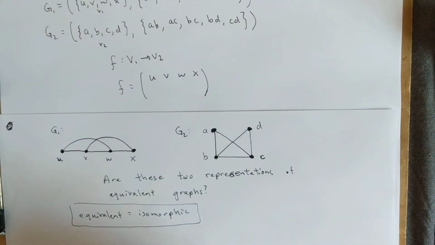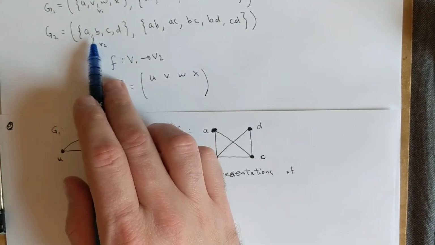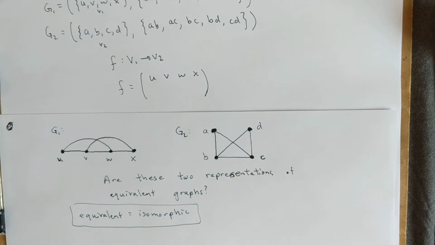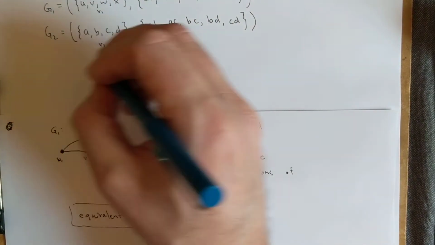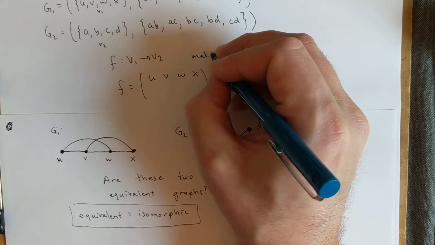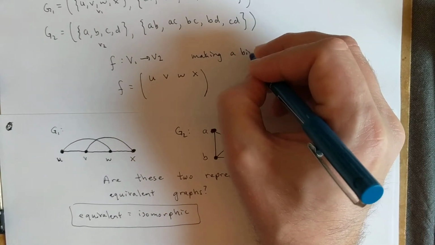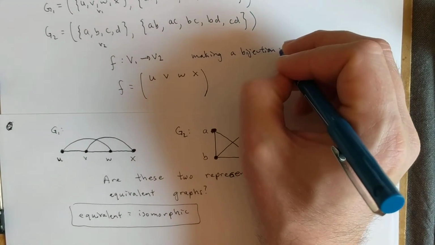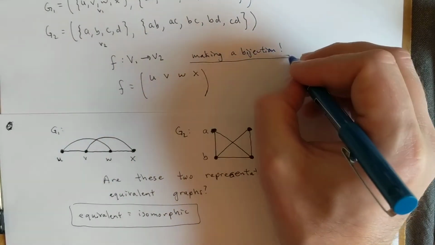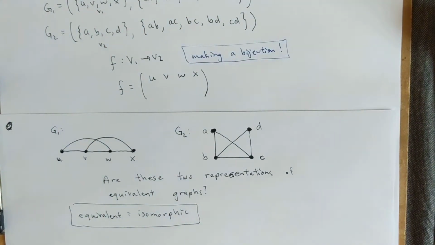And then its codomain is going to be all of these guys. And if it's a bijection, that's got to be its range. So we are making a bijection. And there could be more than one. These are not necessarily unique. Sometimes there's only one, sometimes there's many.